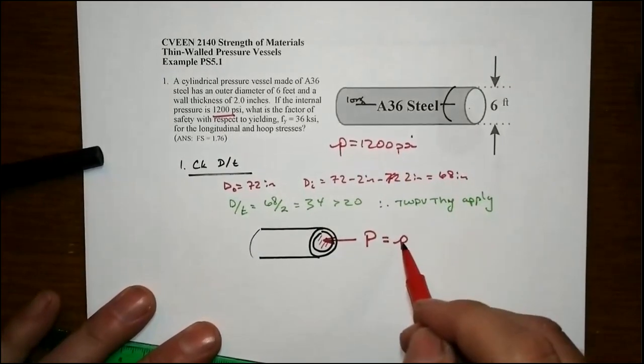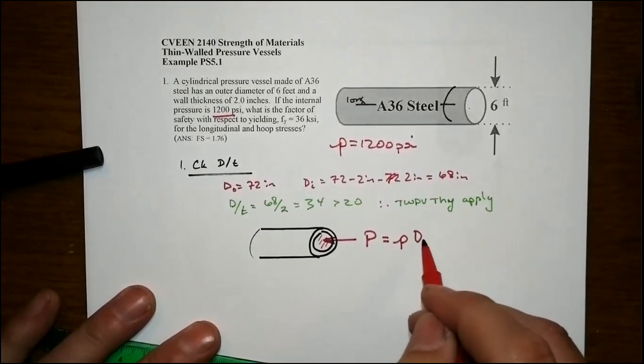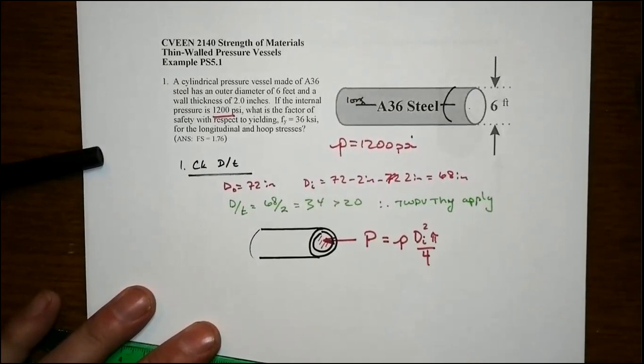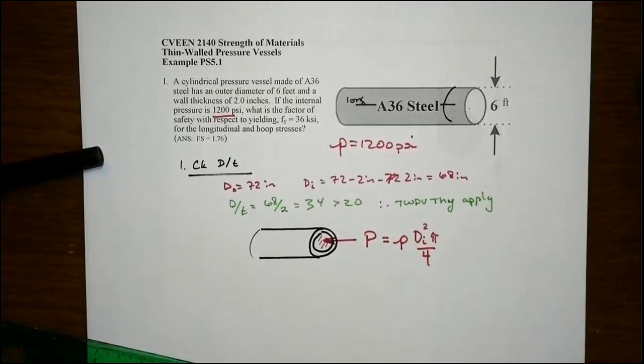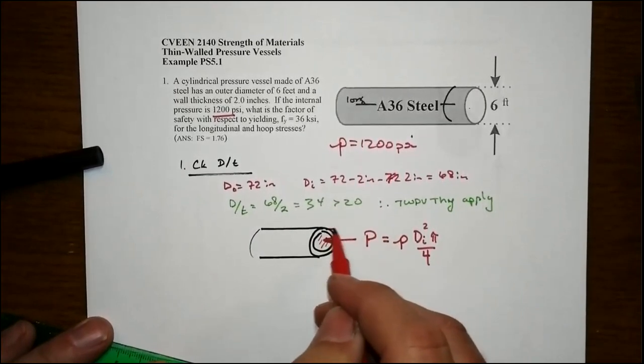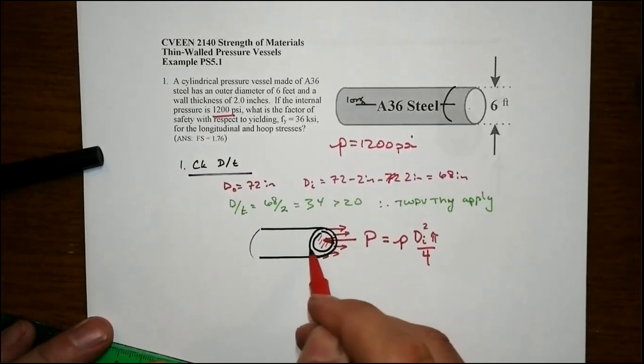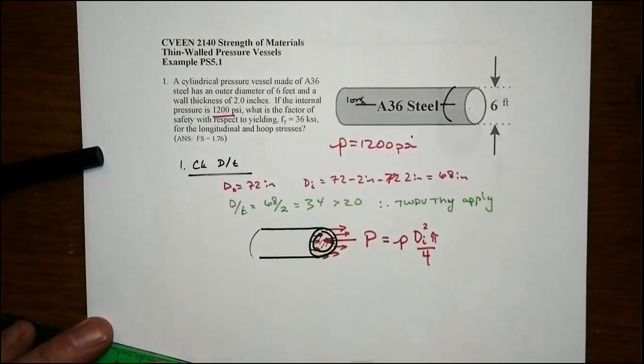And so that pressure times that area, the inner diameter squared times pi over 4, is that internal effect.